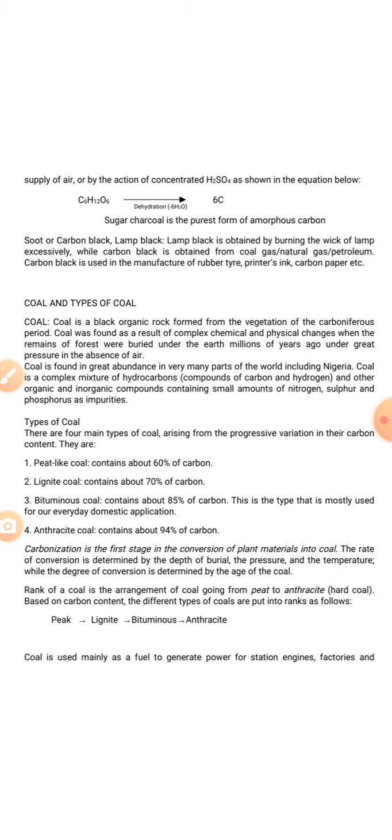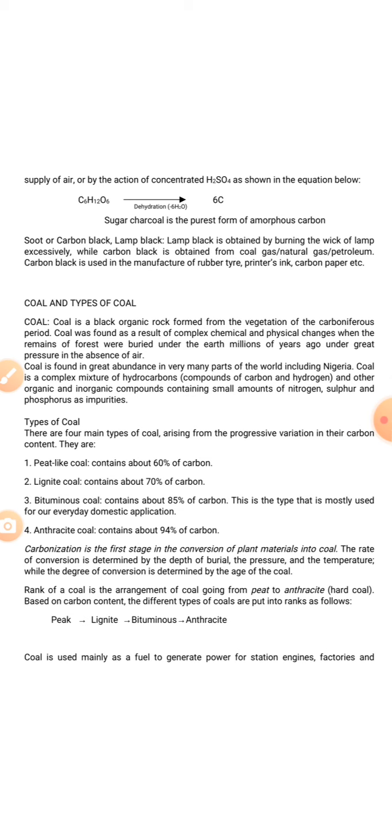What happened basically is that when you have organic substances like wood, if you go to a forest, you will see thick wood. When they are buried under the earth for a long period of time, they transform. There is a kind of chemical transformation in this wood to form coal. So that's a simpler explanation of that.